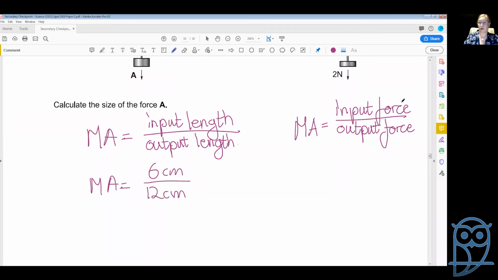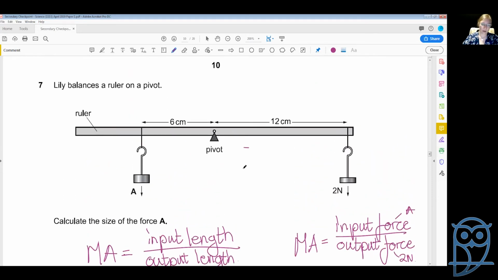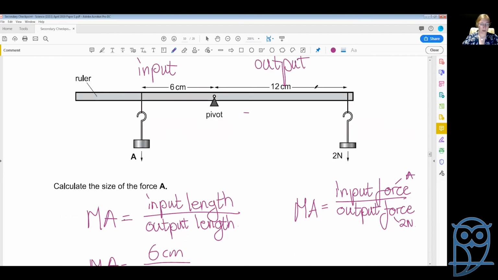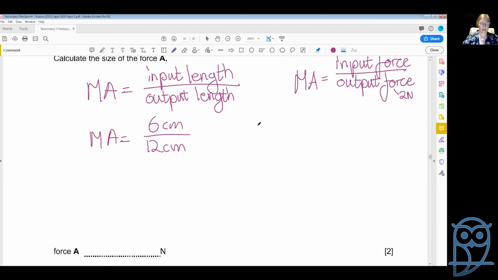So just remember our input force is A, and our output force is the 2 newtons over here. So if we have designated one of them as the input, that side stays our input. So I am going to write over here, this side is my input and this side is my output. So I remember. Okay. So we have 6 centimeters over 12 centimeters.